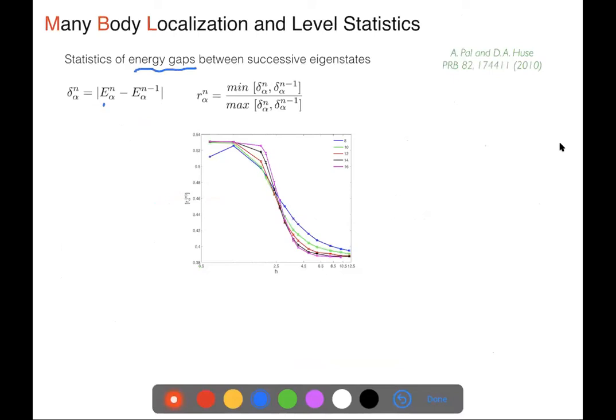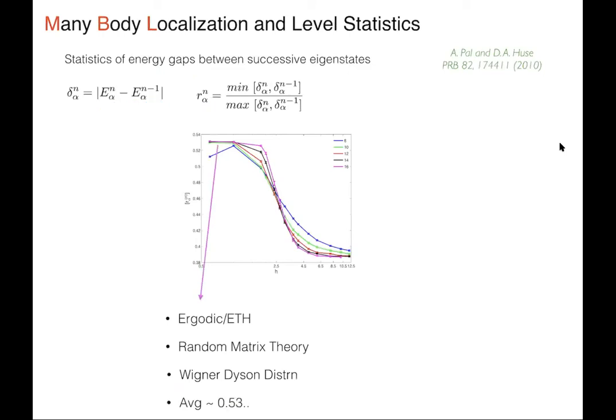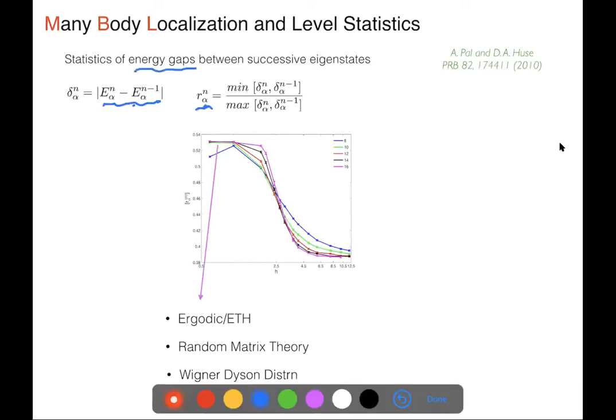They take the difference between the many-body energy eigenvalues of successive eigenstates, call it the gap between the two states, then take the mod and calculate this quantity r, which is minimum over maximum. And again, they're plotting the average of this quantity as a function of h.